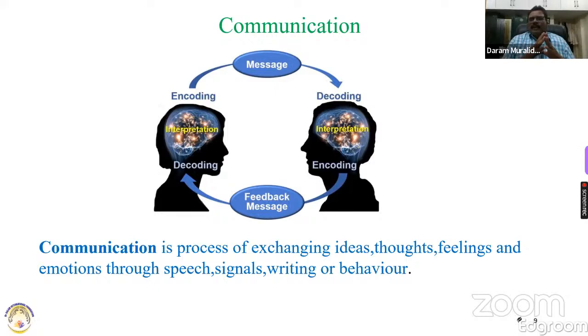This is the main backdrop of communication. That means it is two-way. I'm sending a signal or communication and I'm receiving a reply back. If somebody is not responding, that means the communication is not 100% done. That means there is a gap in understanding.